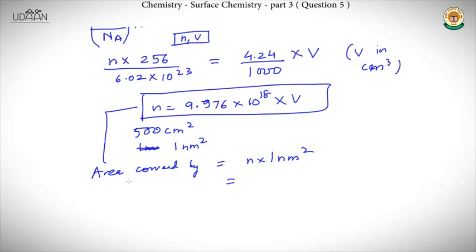Now, N I can substitute from this equation. So, I will obtain 9.976 into 10 raised to the power 18 into V into 1 nanometer square.